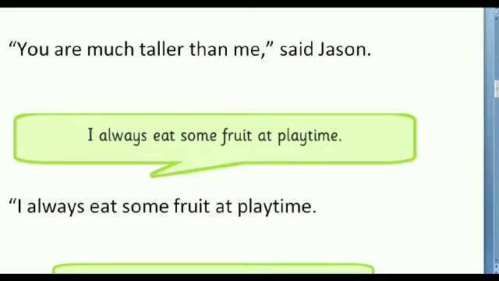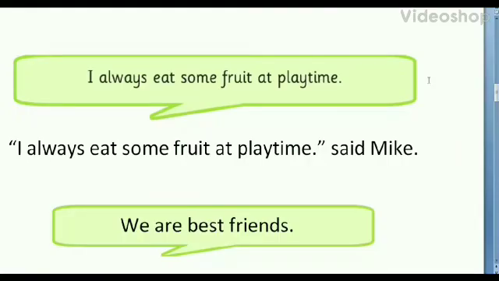Leave the full stop for now. Speech marks again. Said, Mike, full stop. Now, same problem. Two full stops. Is that right? It's not. So what do we do? Remove the full stop and put a comma instead. Okay.